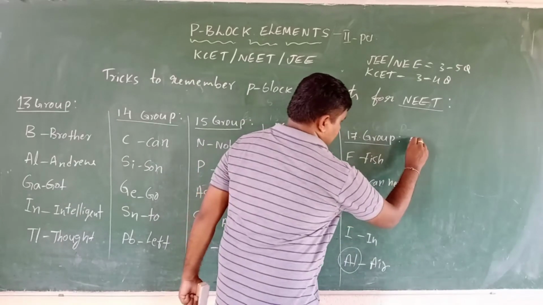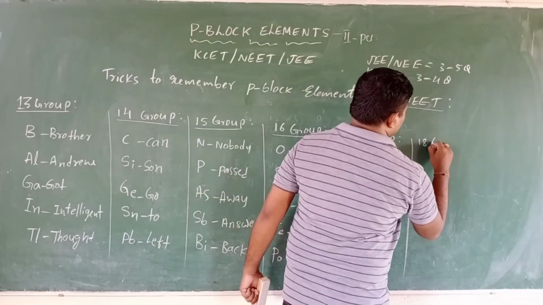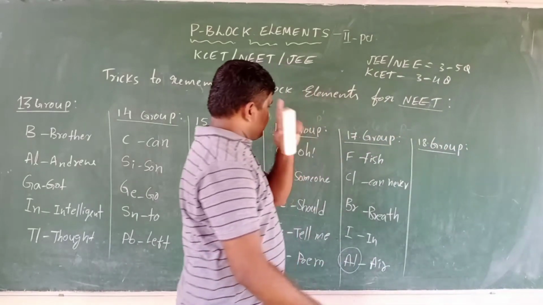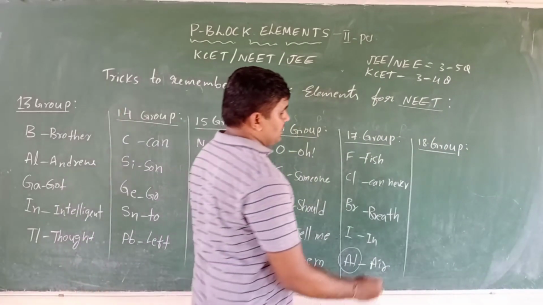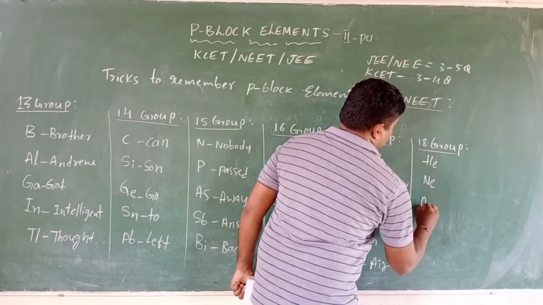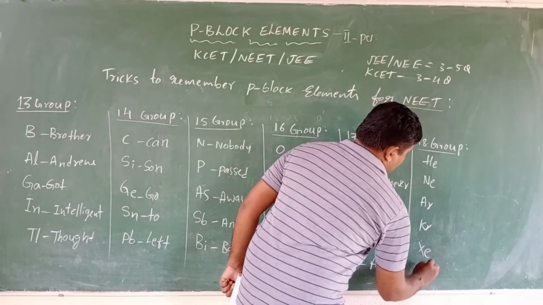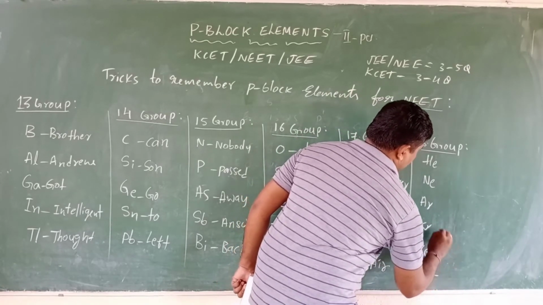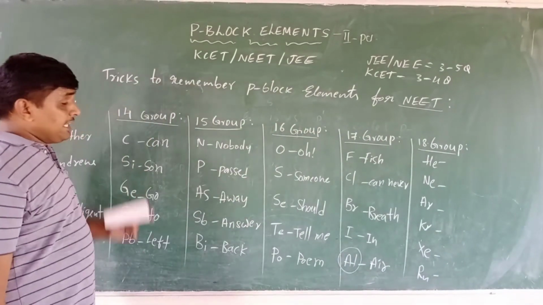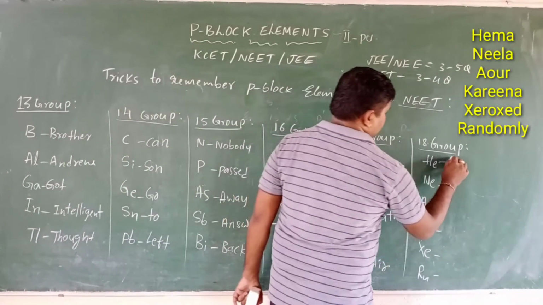Okay. Next, the 18th group. How can you remember it? Here: helium, neon, argon, krypton, xenon, radon. How can you remember it?